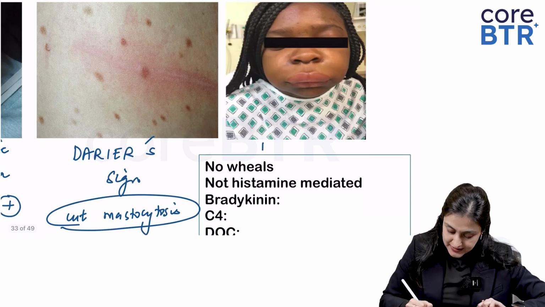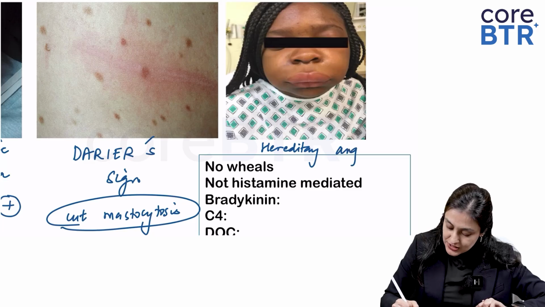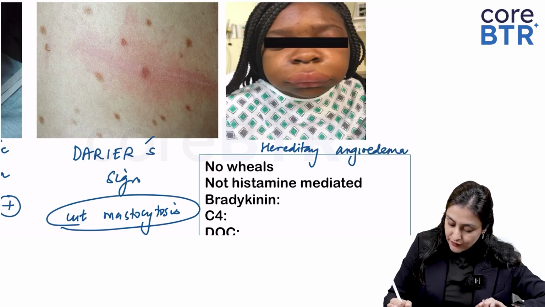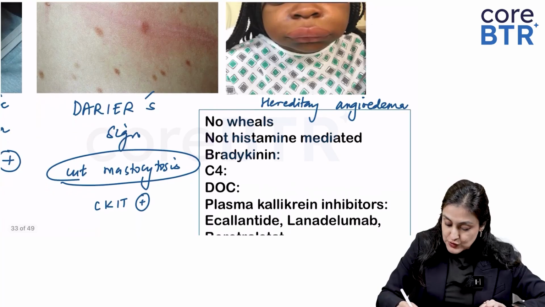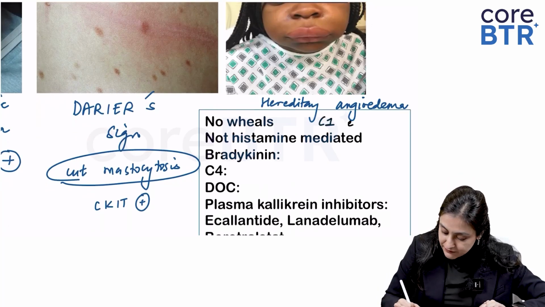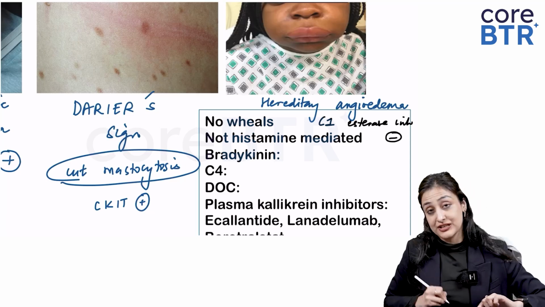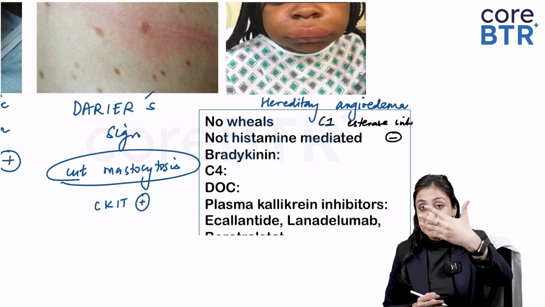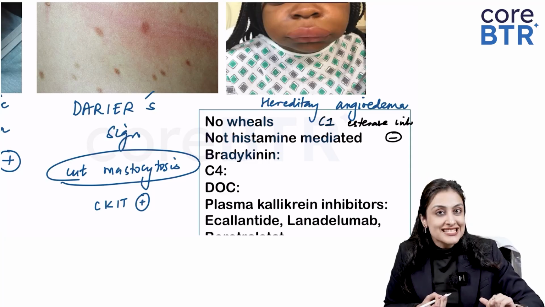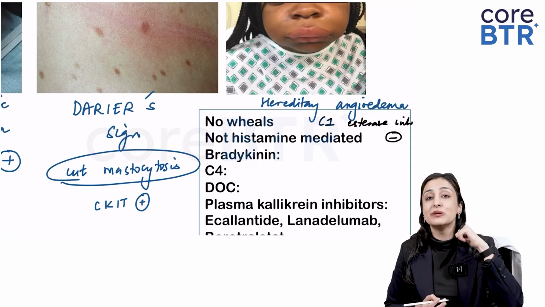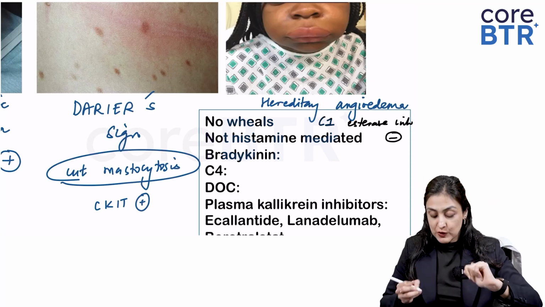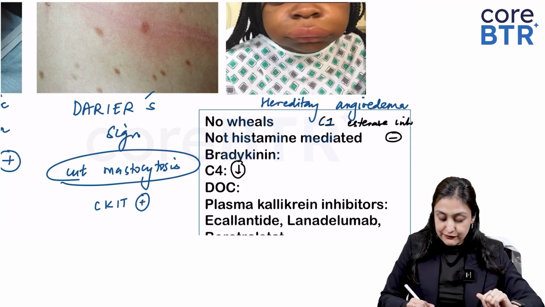So this is what is hereditary angioedema. So hereditary angioedema is a defect of C1 esterase. This is where you have a C1 esterase inhibitor deficiency, because of which there is overactivation of the C1 esterase and all of the complement pathways are on an overdrive, because of which the levels of C4 are low.